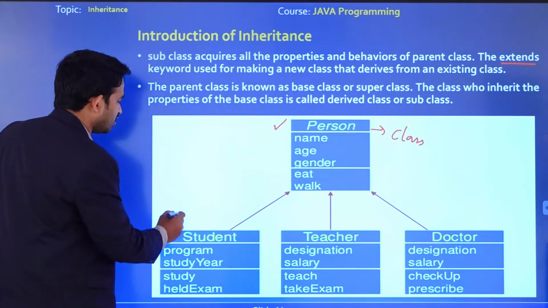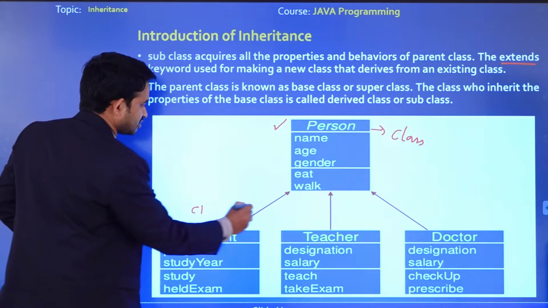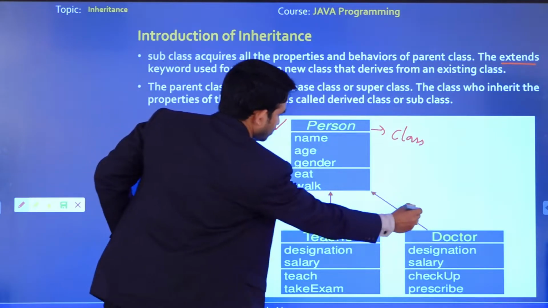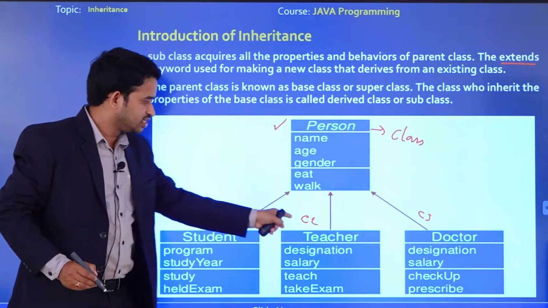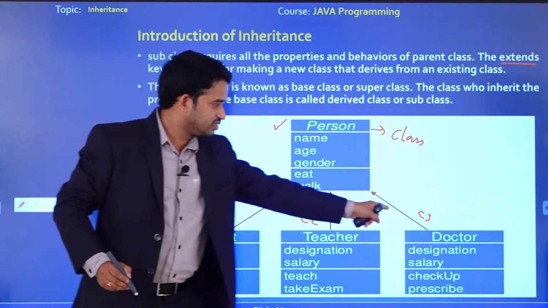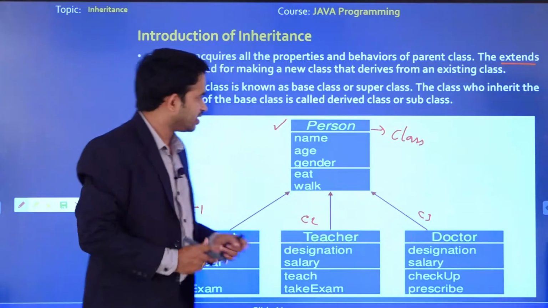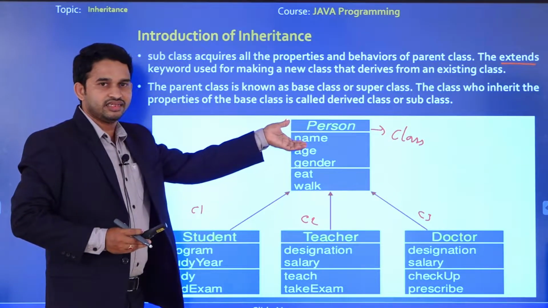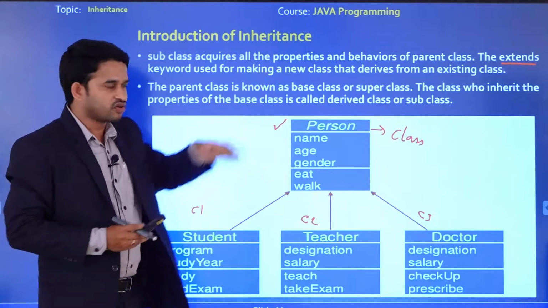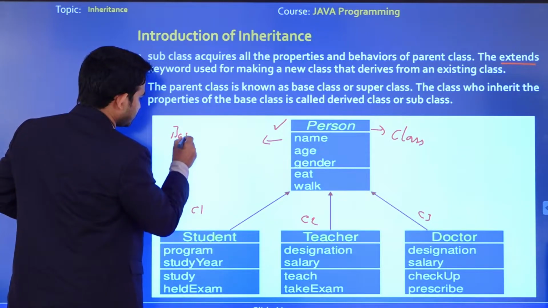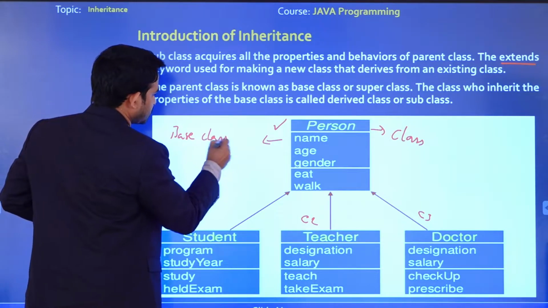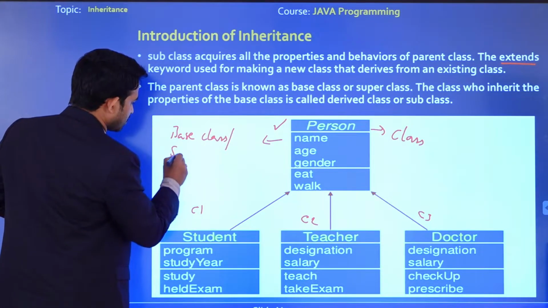Here I declare different classes: this is C1, this is C2, this is C3. C1 is the student class, C2 is the teacher class, C3 is the doctor class. Here person is the main class, meaning the base class. We also call it the superclass.